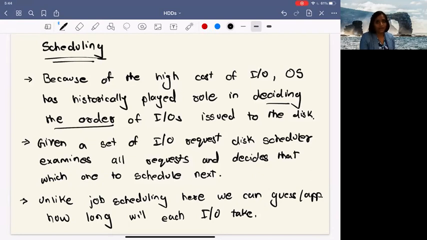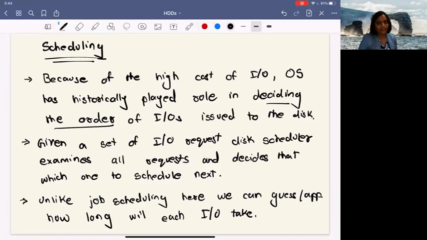Because we know the average IO rate of that disk. Once you know the average read rate or average write rate, then approximately, depending on IO size, we can always find out how much time that particular IO would take, right?